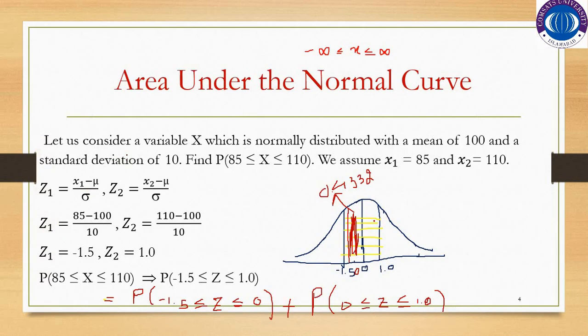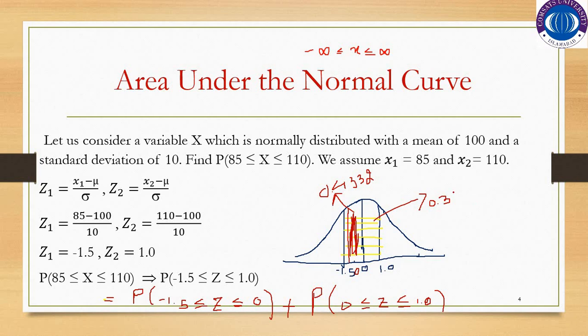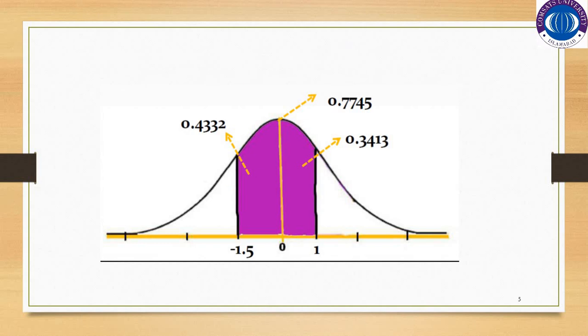So this area will be 0.3413. You will add both these areas: 0.4332, which is this one, plus 0.3413.